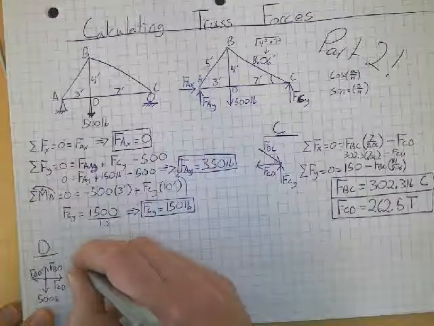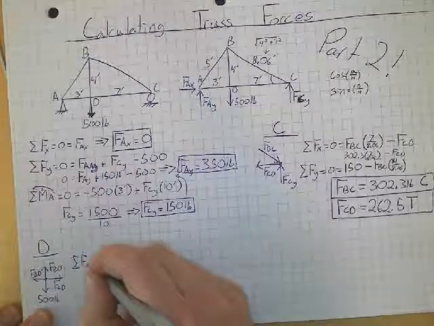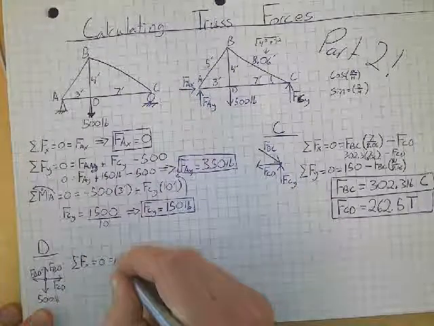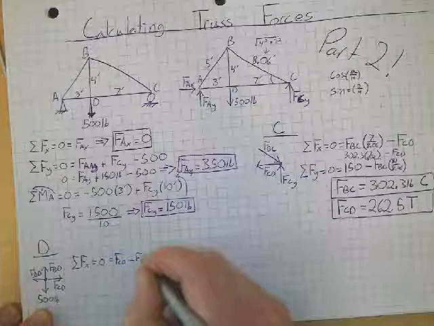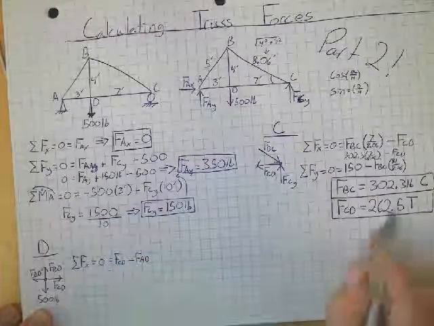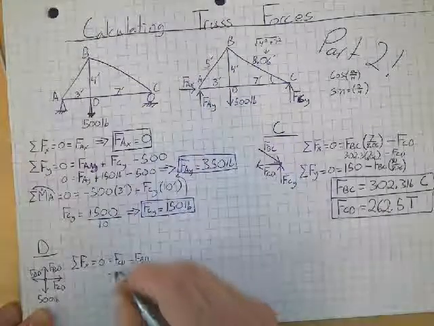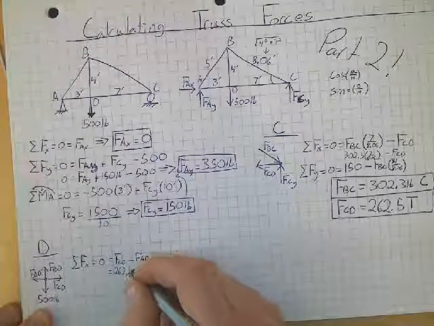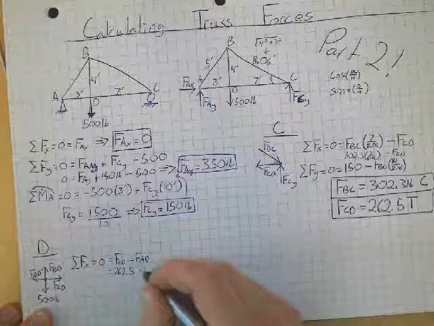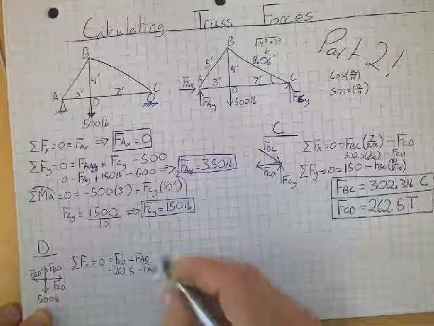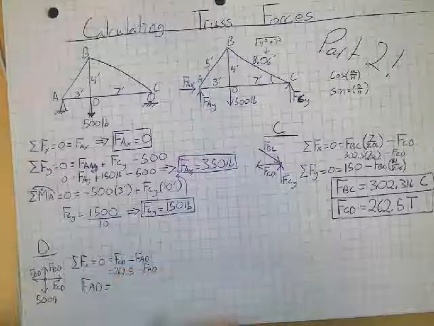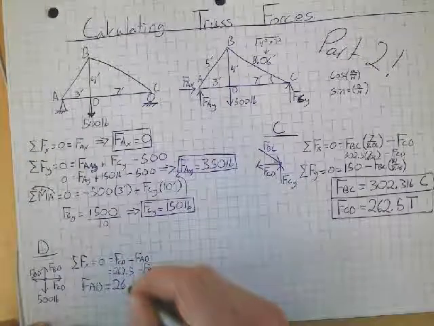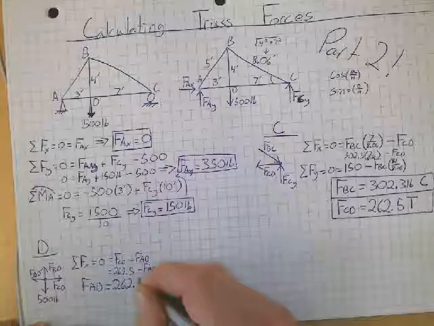So if I say the sum of my forces in X is equal to 0, I get FCD minus FAD. I can plug in from over here, 262.5 minus FAD. So I know FAD is equal to 262.5.